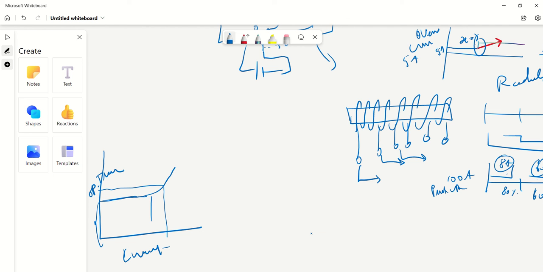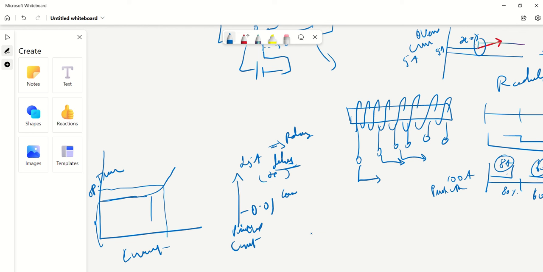This is the pickup current. Assume it is 25 amps. At that point it does not operate within 1 second; it takes some delay, and then operates the relay.